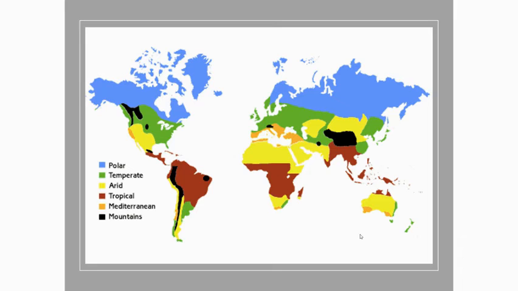But then above that and below that tropical area, you get some really arid, dry places: southwestern US, North Africa, southern Africa, and also most of Australia. So the convection cells in the atmosphere are responsible for a lot of what we see in terms of precipitation in those biomes.